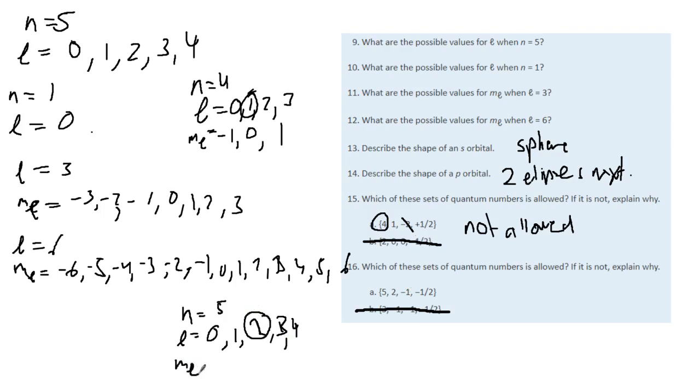And so ML can be -2, -1, 0, 1, or 2, and it is -1. And each ML can have 2, and as long as it's 1/2 or -1/2, it's allowed. So this is allowed, right?